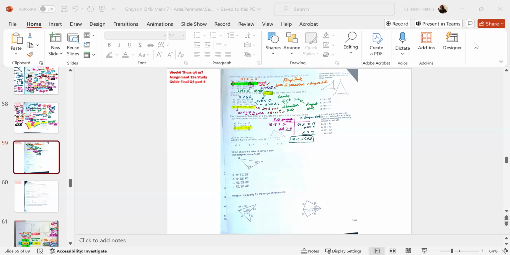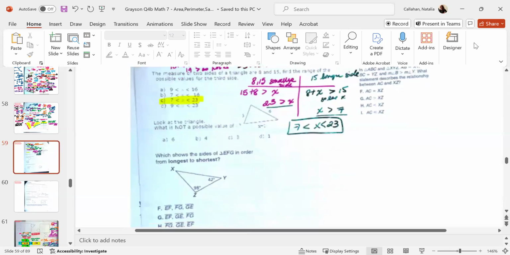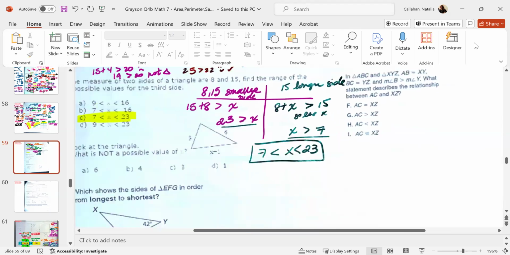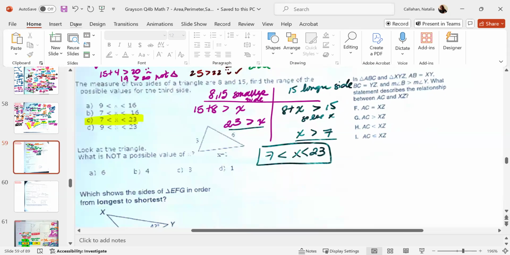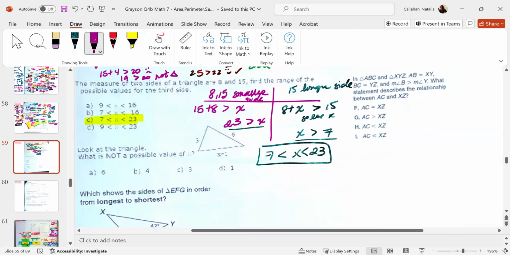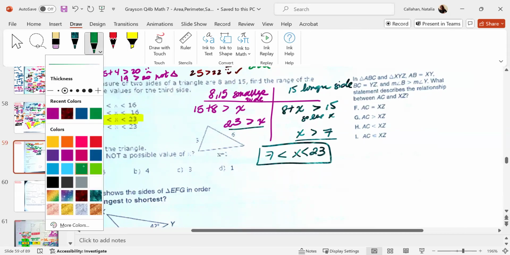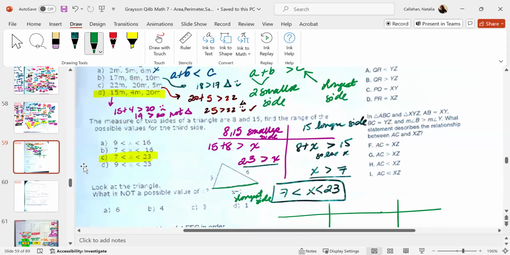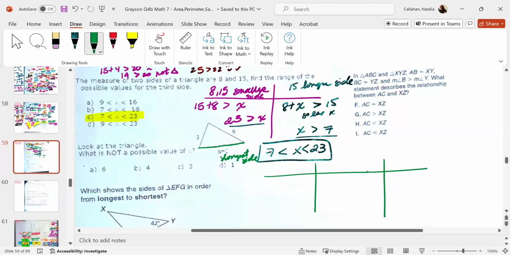All right, we're going to continue on. Look at the triangle. What is not a possible value of x? Looking at this, I think this side is the longest side, but I don't know. Let's assume that x plus 1 is the longest side.